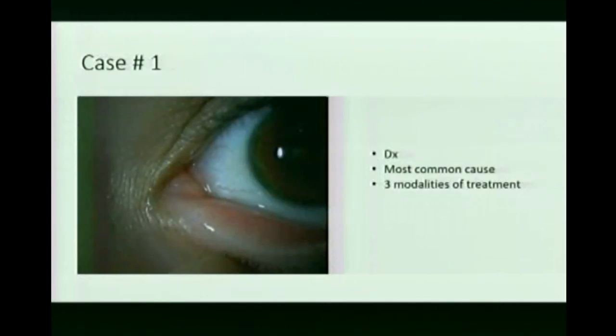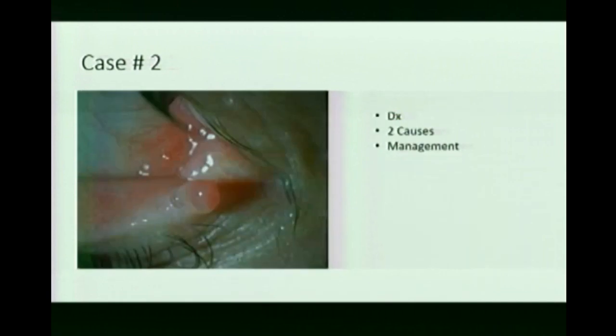Okay, case 2. Any 3 modalities, not necessarily in order, don't tell me 1, 2, 3, 4, any 3. Case 2 diagnosis, mention 2 reasons or 2 causes of this, and what's the management.